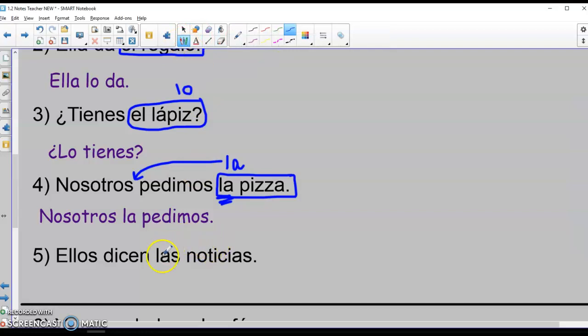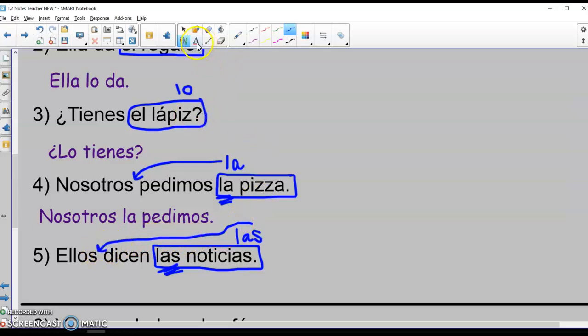Okay, número 5, they tell the news. So in English, we would abbreviate that to say they tell it. But in this case, I need something to match my Spanish noun. So if I look at my list, my options are lo, la, los, or las. So I'm going to use las to match las noticias. It can't be lo or la because it's plural.